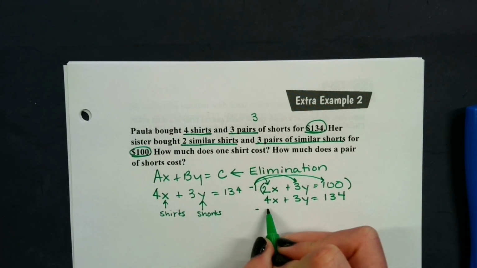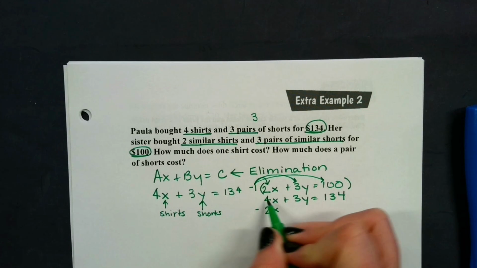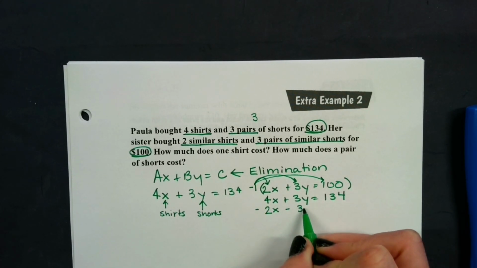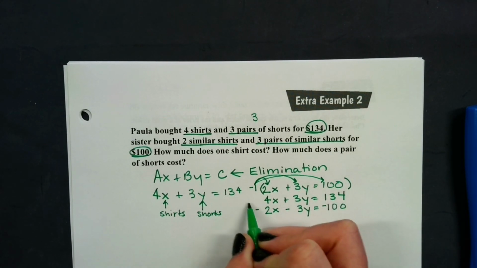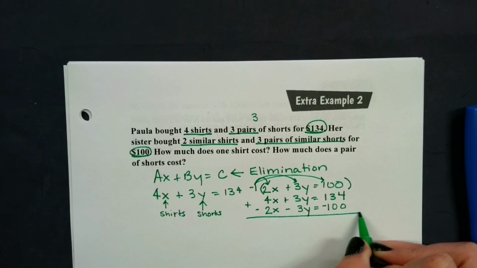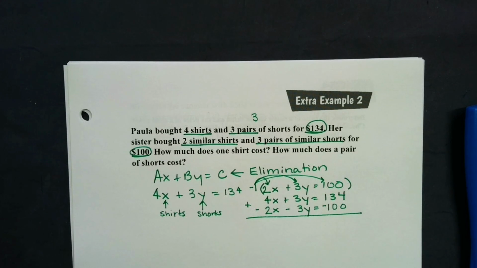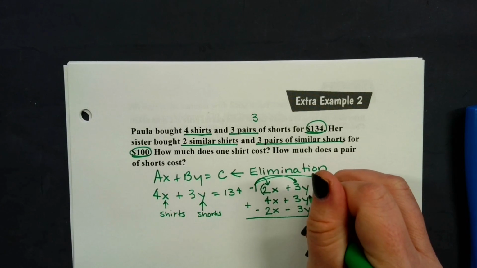So I have -2x -3y equals -100. What eliminates now? Nothing? 3y's.